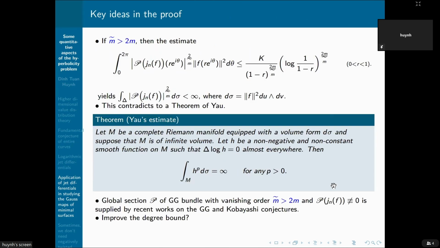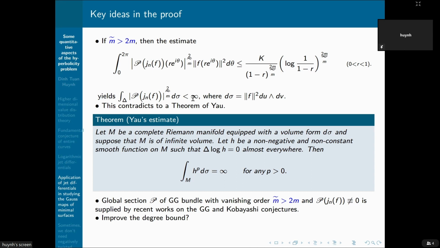And it turns out that we only need the condition that the vanishing order is greater than 2m to get that the integral over the unit disc of these quantities is finite. And if you employ a classical estimate of Ahlfors, then that gives really a contradiction.